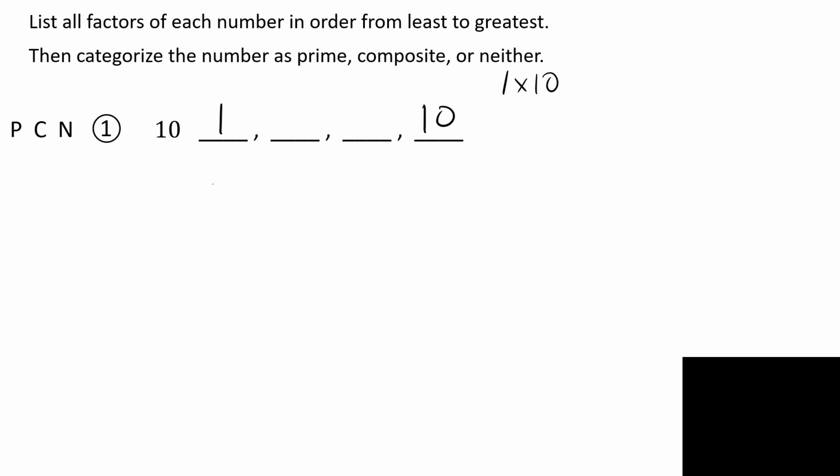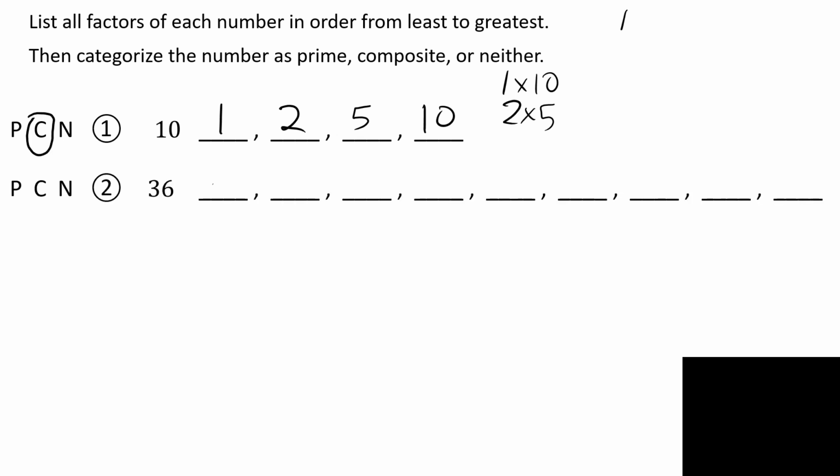Later on in the unit, you'll be doing this without the blanks. Now, is there something else that makes 10? Well, sure. 2 times 5 makes 10. So I can list the 2, I can list the 5. Again, I've got the blanks there already to help you make sure that you know if you found them all or not.